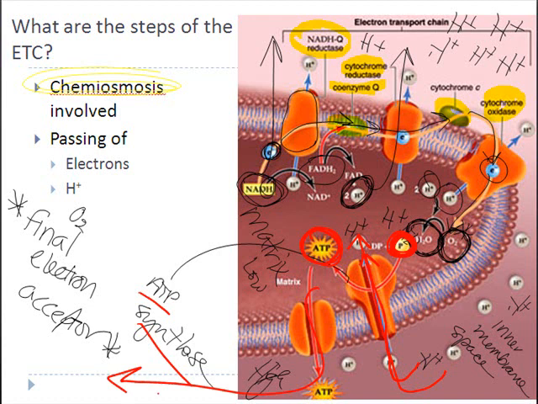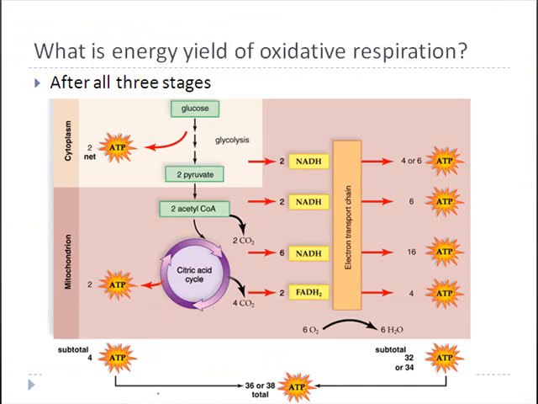So real quick, let's look at the whole process of oxidative respiration, this process of consuming oxygen and producing carbon dioxide. We started out with a molecule of glucose, and in the process of glycolysis, which occurred in the cytoplasm, we invested some ATP, and we got some ATP out of the process as we split that glucose molecule apart into two molecules of pyruvate.